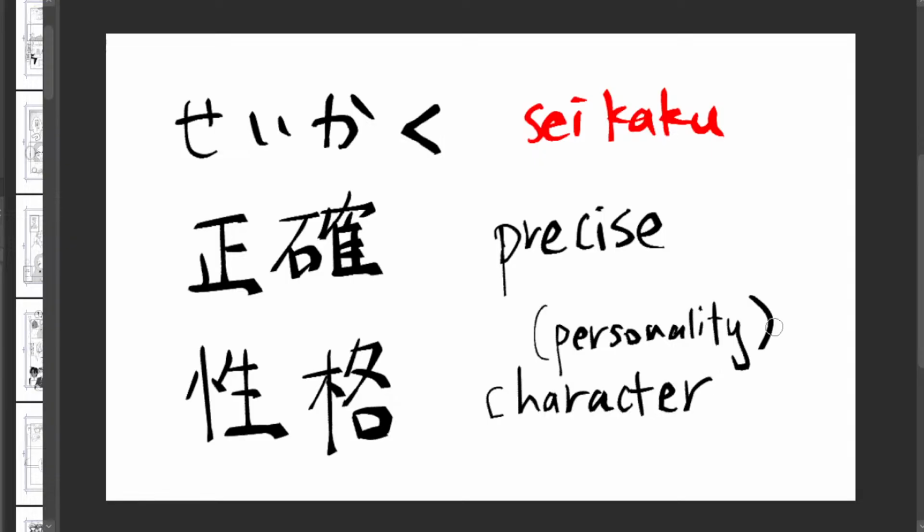When you say seikaku ni yuto, we can understand it means to say it precisely. But maybe the person is talking about personality, from the point of view of personality. So sometimes you have to rely on context when you're speaking in Japanese.